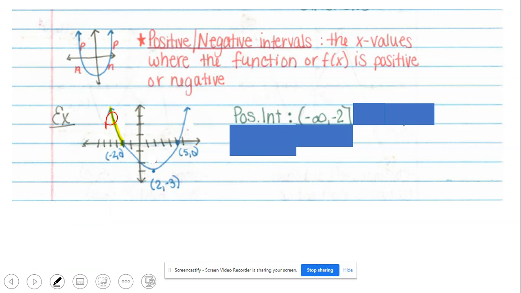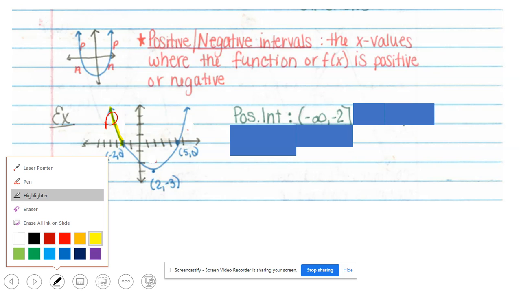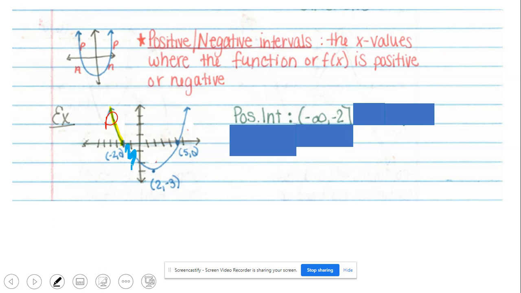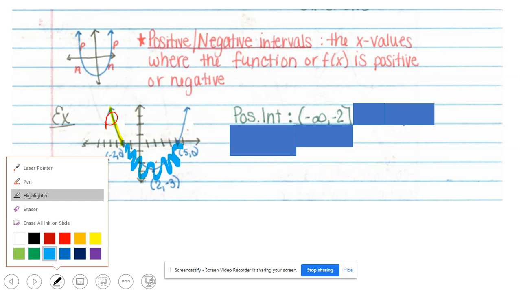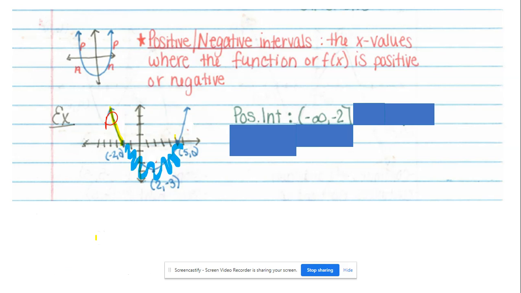But then once we hit the x-axis, it becomes negative. So down here, all of this is going to be a negative interval. And then we cross over the x-axis again, and this would be a positive interval.